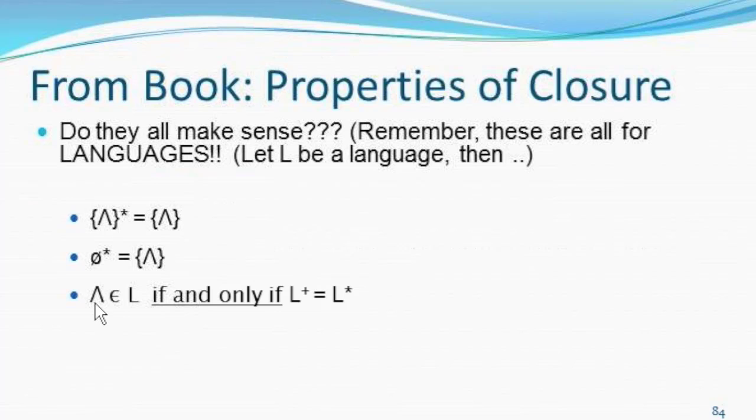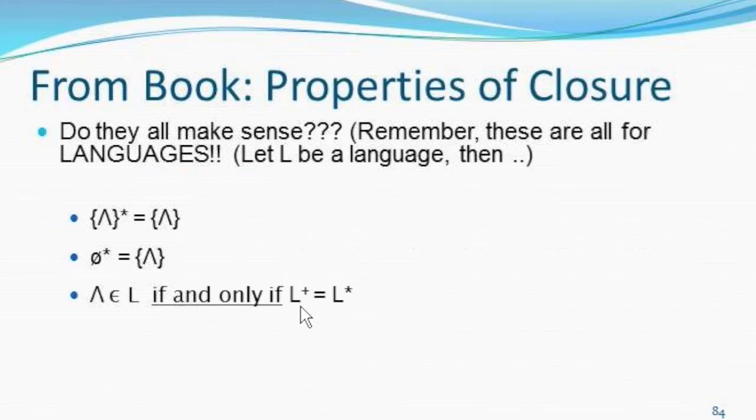Here's kind of an interesting one. We know that lambda is an element of L if and only if L plus equals L star. It's if and only if, so in order to prove it, we need to say if this, then this, and also if this, then this. And you can do that. You can convince yourself pretty quickly. I'll give a very informal explanation here. We know that if lambda's in L, then lambda's definitely in L plus, right?